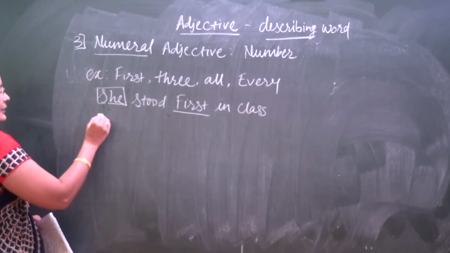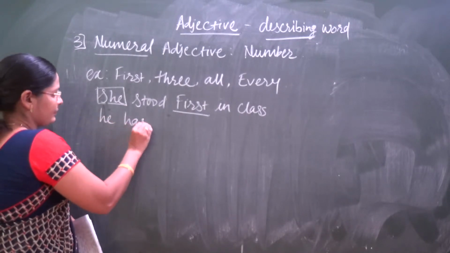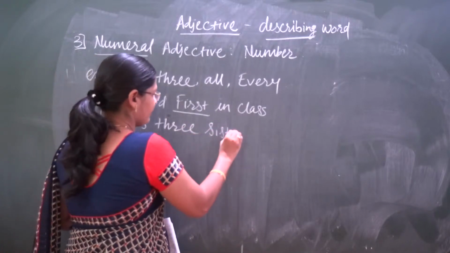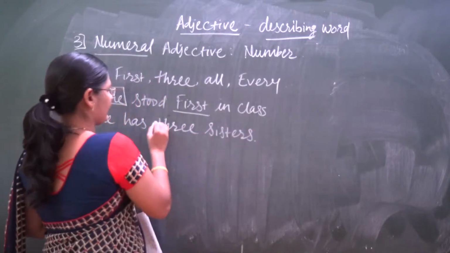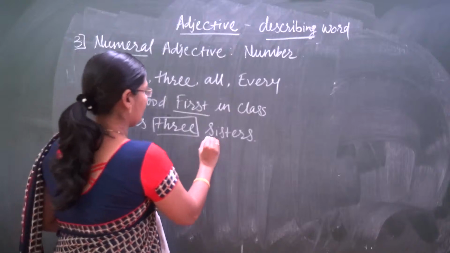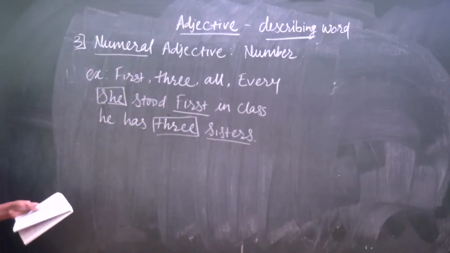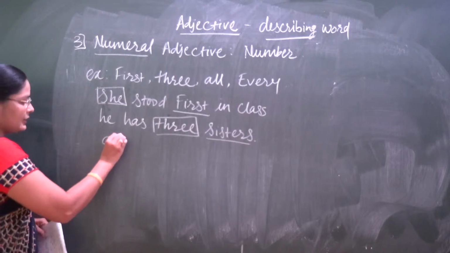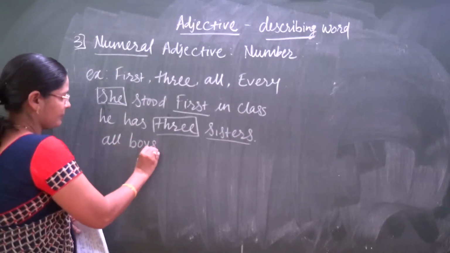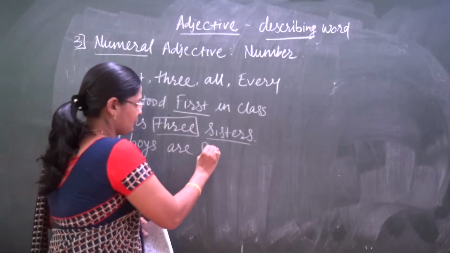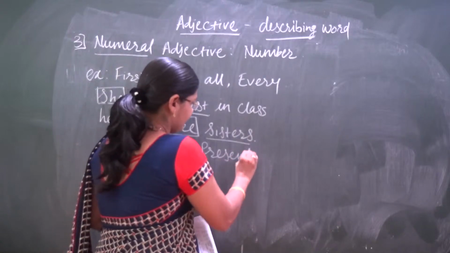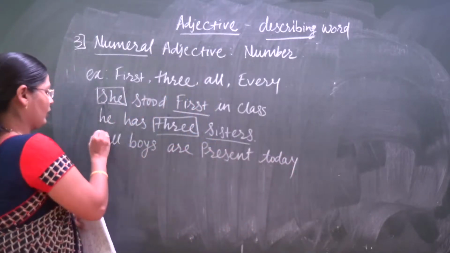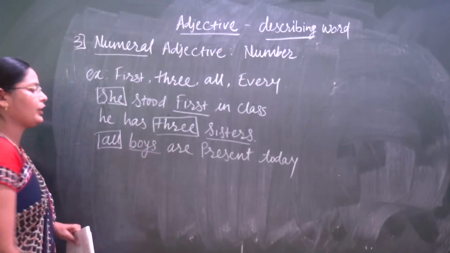He has 3 sisters. Three is describing the sisters. All boys are present today. All describes the boys.